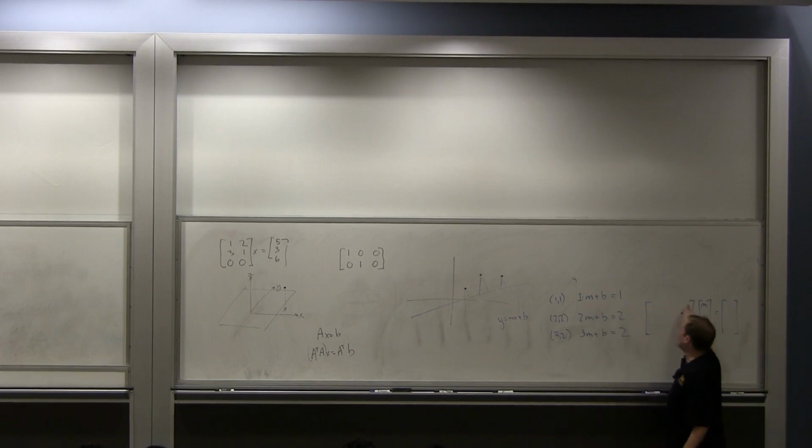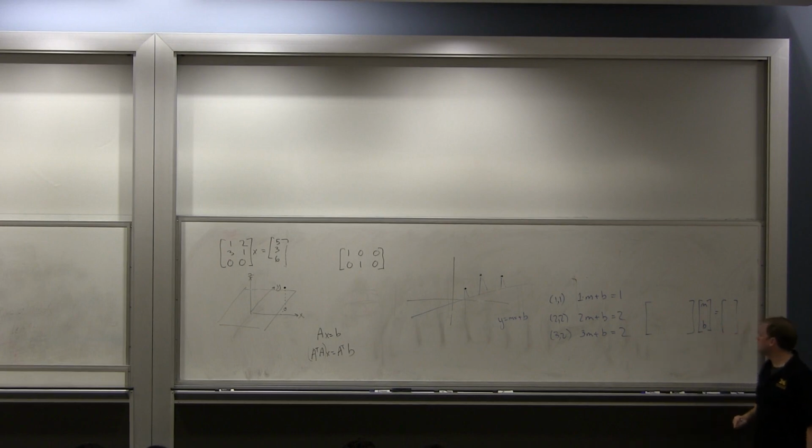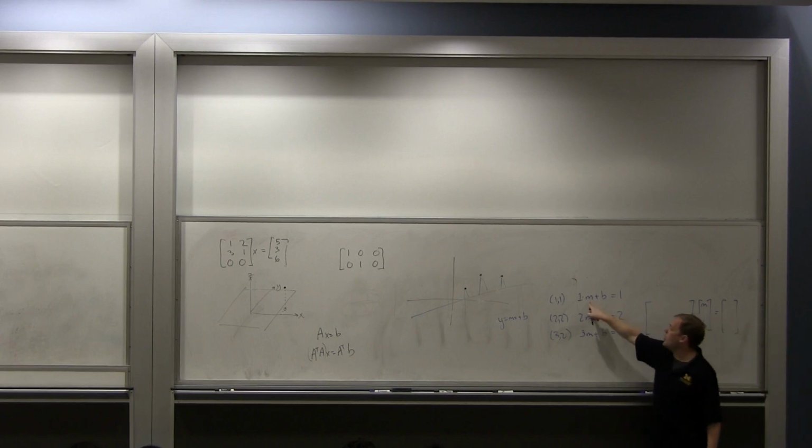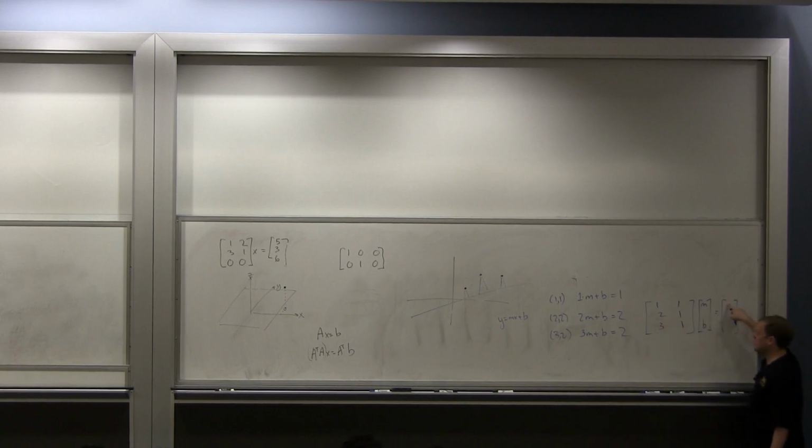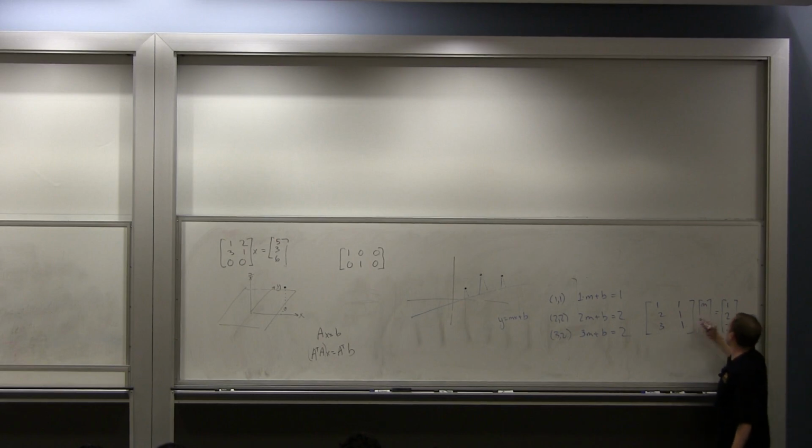What do I put in here? Right, I've got 1m and 1b, so it's going to be 1, 1. How about here? 2, 1. 3, 1. Over here? 1, 2, 2. I'm sorry I didn't draw this to scale exactly, but you guys get the idea.